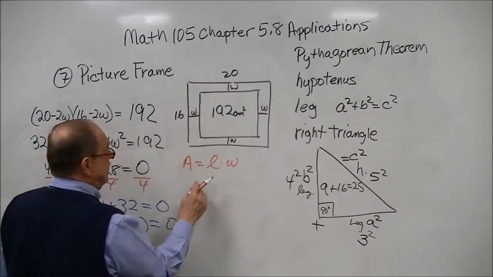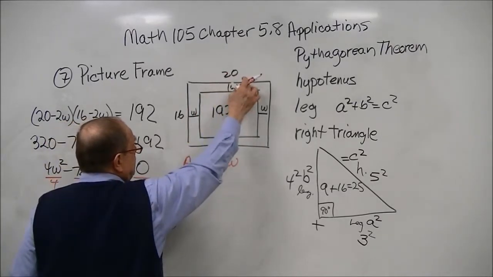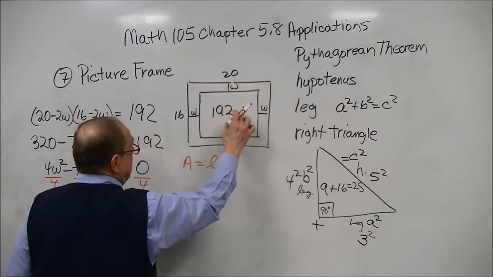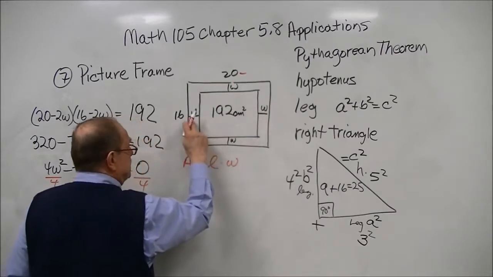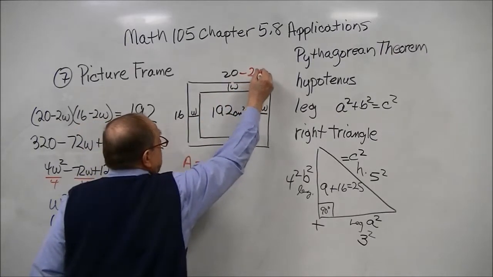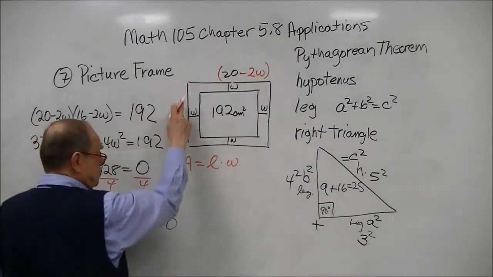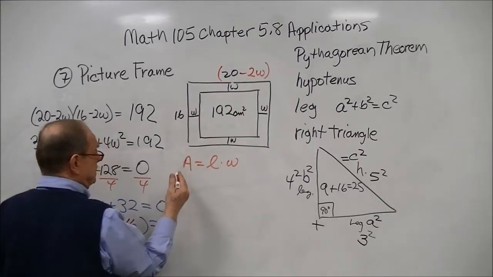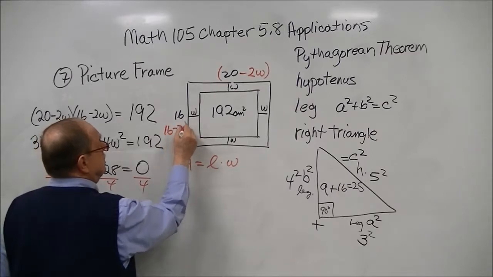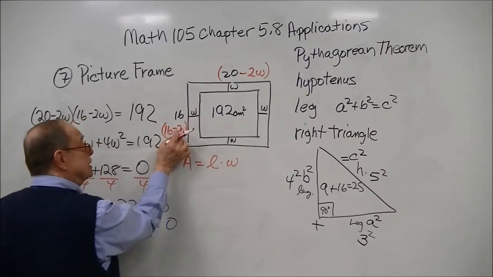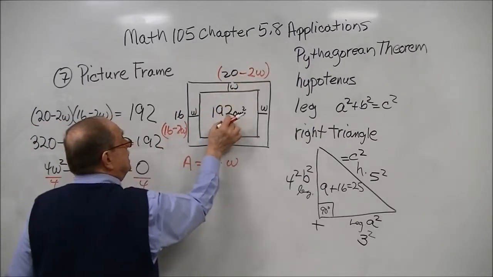Well, if we have for the length, can you see this length, to give you this area inside, I have to take away this W and this W. So that's 2 W's there. And for this width, I had to take away some W's. So this is going to be 16 minus 2 W's. So there's my new width, and there's my new length that will give me this area.